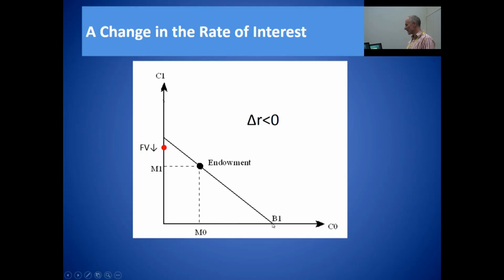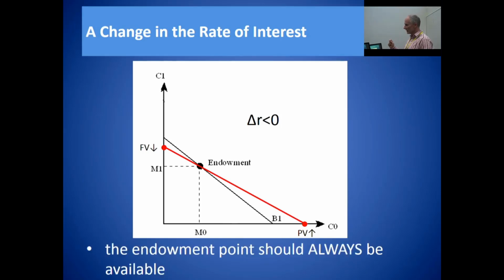We said that the present value will increase, goes out, and we also said reduction in the rate of interest, the slope of the line becomes shallower. Put those three together, and there you go. That is what the intertemporal budget constraint would look like if the rate of interest fell. It becomes shallower, pivoting through the initial endowment point.